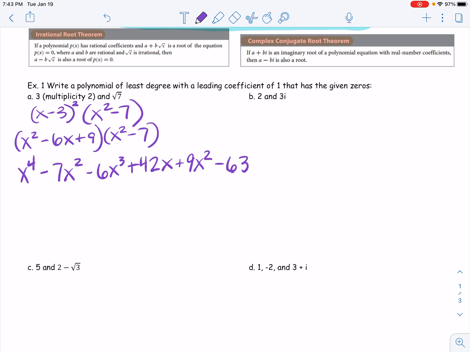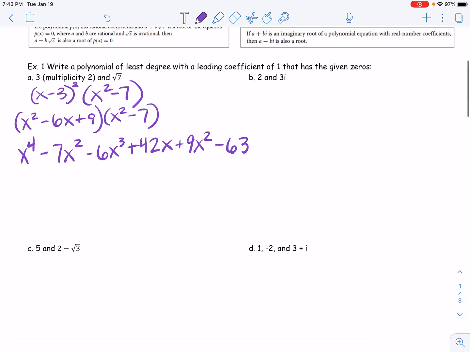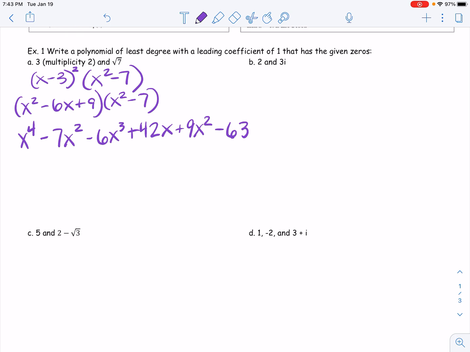And so I've multiplied my two factors together. So now all I need to do is combine my like terms and write it in standard form. x to the fourth minus 6x cubed plus 2x squared plus 42x minus 63.